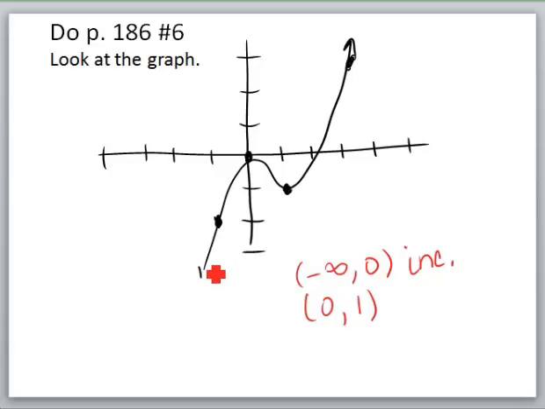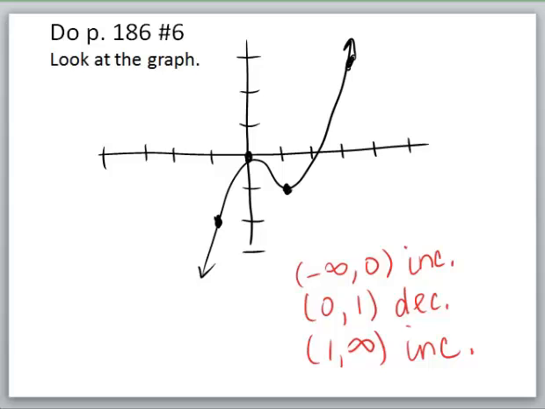So again, the slopes of the tangent lines of the curve are positive here, so I know it's increasing. Then the slopes of the tangent lines of the curve are negative, so I know that this part is decreasing. And then the last part from 1 to infinity, those slopes of the tangent lines are all positive, so it's increasing.